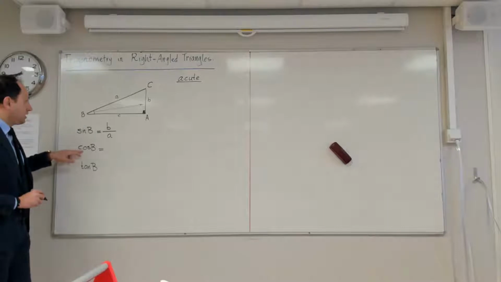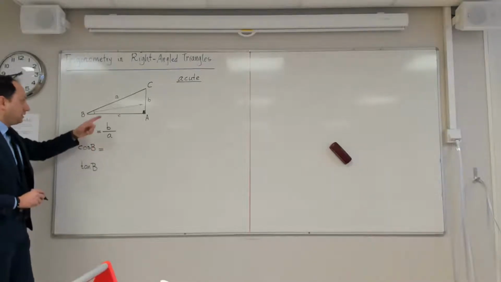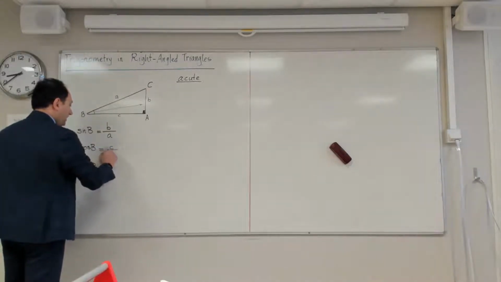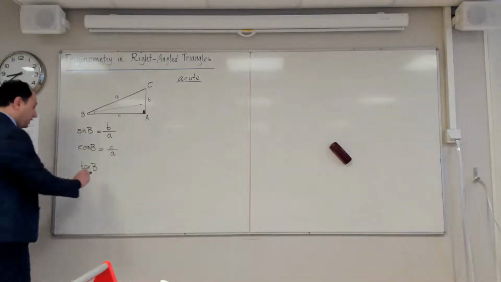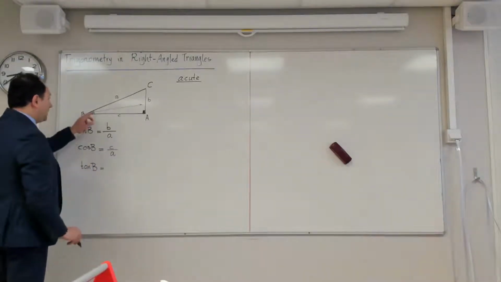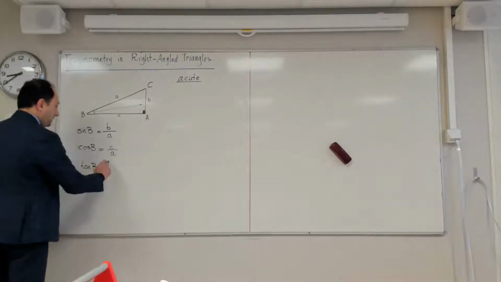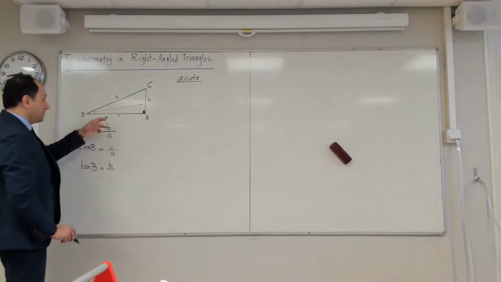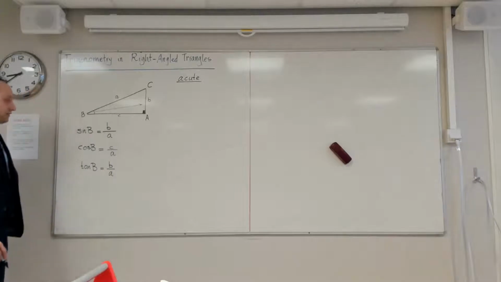So when we say cosine of B, I take the length of the adjacent side by this explanation. The adjacent side is c, and I divide it by the length of the hypotenuse again. And if I want to calculate tangent of B, I take the opposite side, which is b, but divide it by the adjacent side for the same reason. The adjacent side here is c. So this is the definition.